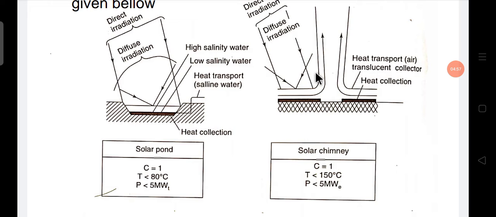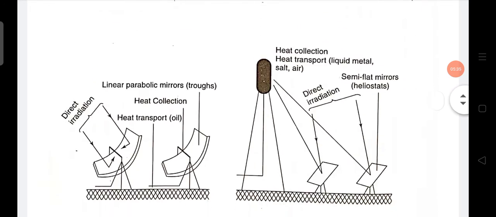When both direct radiation and diffuse radiation fall on the transparent layer, the heat is captured by the heat collector. Then the heat is transferred to the required mechanism or generator. By this method C is 1, the temperature is less than 150 degrees Celsius and P is less than 5 megawatt.